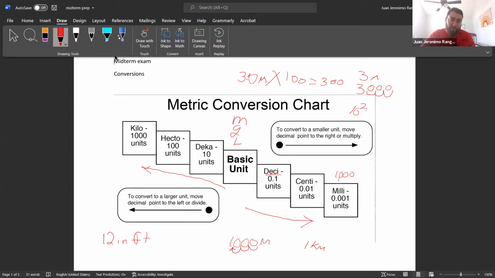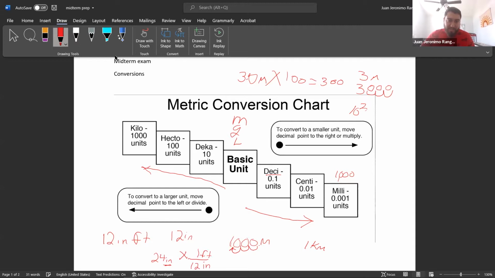So there are 12 inches for every foot. So the way we would convert 24 inches into feet would be by multiplying. You always put whatever you're trying to get rid of. We're trying to get rid of inches at the bottom. So inches go on the bottom. So there are 12 inches for every foot.